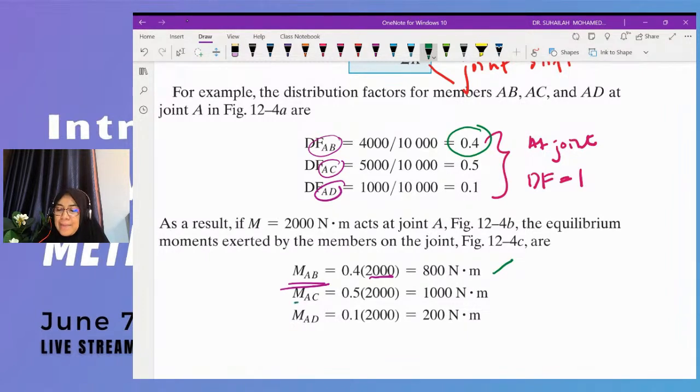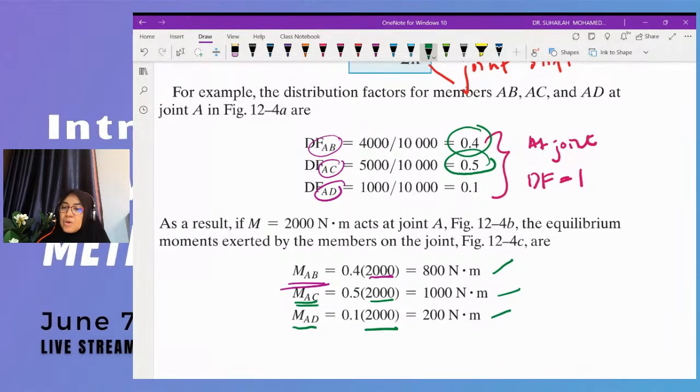To calculate MAC, it is 2000 times 0.5. The joint moment times the distribution factor, it is 1000. And for MAD, joint moment times 0.1, it is 200.